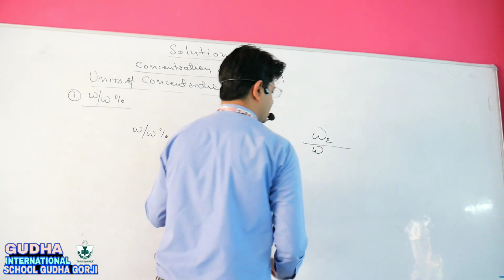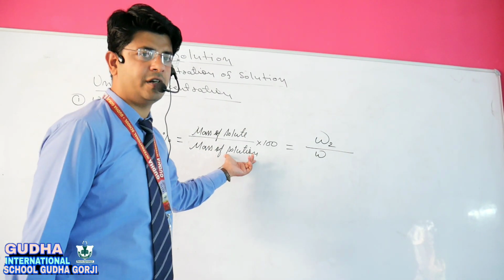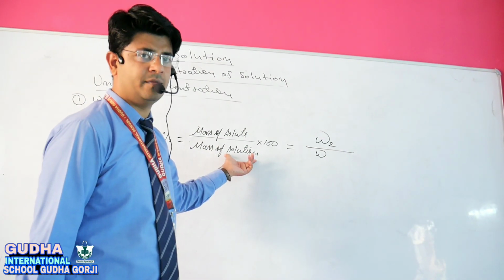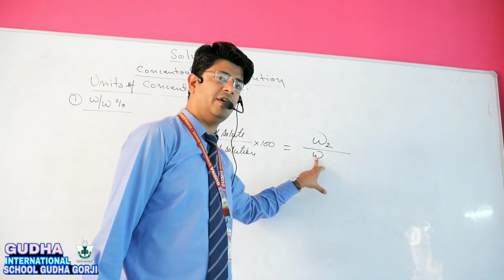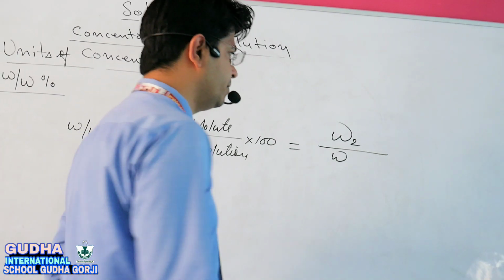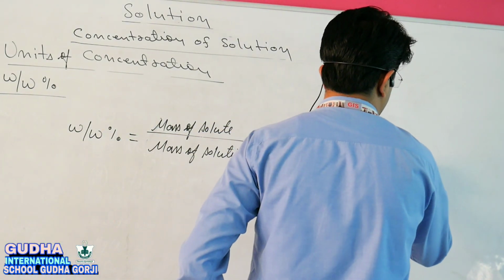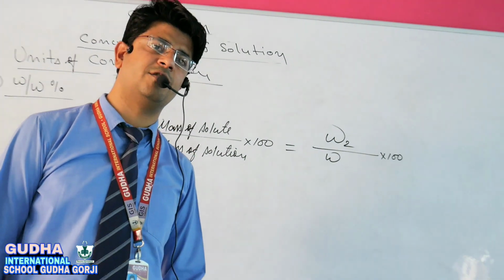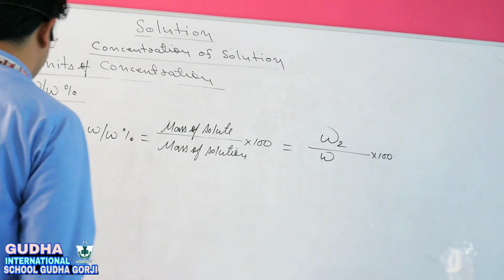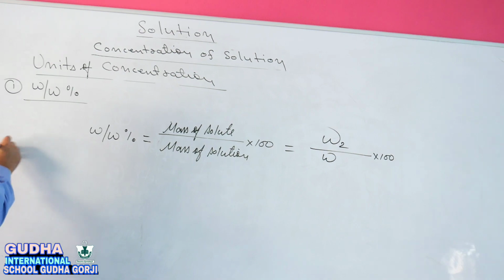For the solution we will use no subscript, not 1, not 2. It's just W, which indicates the mass of solution, multiplied by 100, because percentage is always given on the basis of 100.